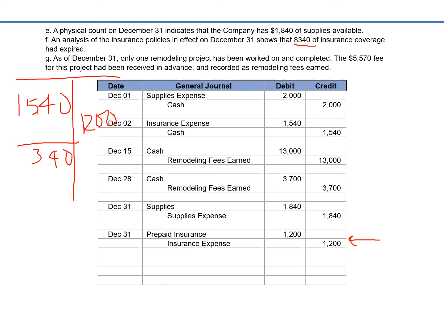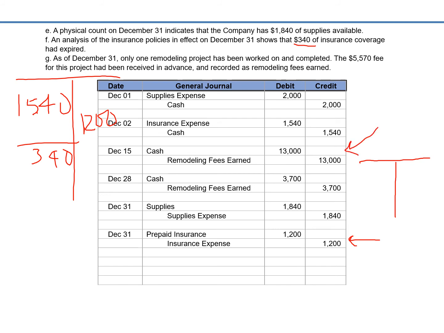Okay, and then in letter G, as of December 31st, only one remodeling project had been worked on and completed. So the $5,570 fee for this project had been received in advance and recorded as remodeling fees earned. And so what they're telling us here is that our remodeling fees earned, so I think they're talking about this transaction here.